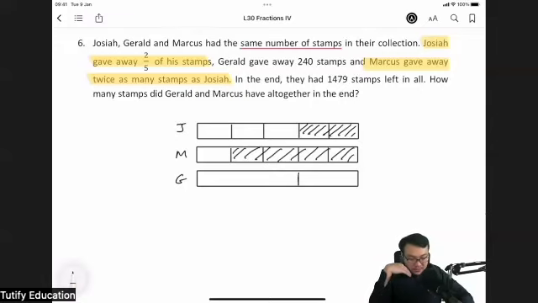If I draw a line here, then somebody will think that this is 2 units because it is the same length. So I must purposely draw somewhere else. I don't want you all to make a mistake and think that 240 equals 2 units. You cannot anyhow draw like that. So this is 240, what he gave away. So I'm going to shade it. 240 has been given away.